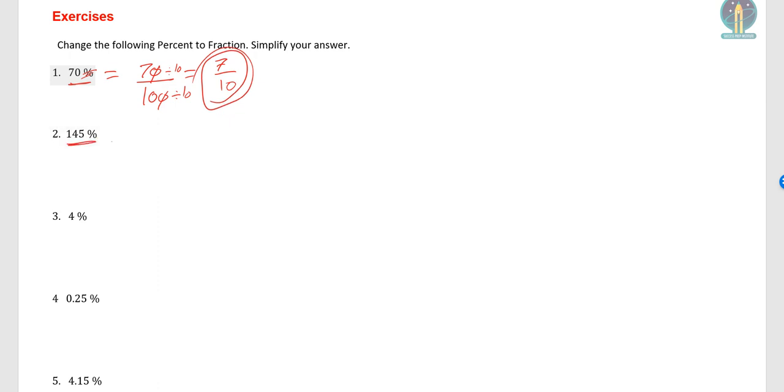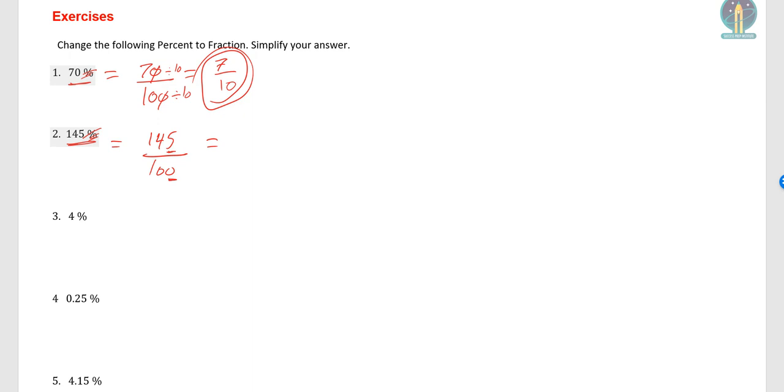145%. So again, remove percent sign, write 145 out of 100. But look at that now. The numerator is larger than the denominator. But this is not really an issue, right? Because, well, you can see that both of these are divisible by 5. Okay?